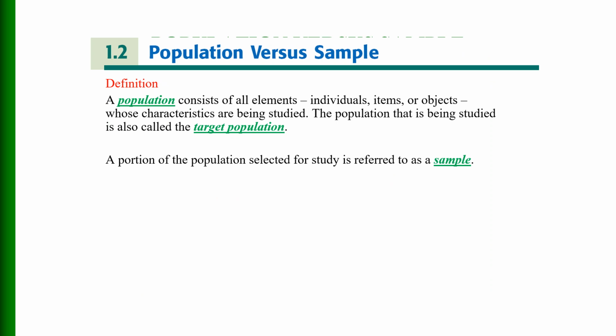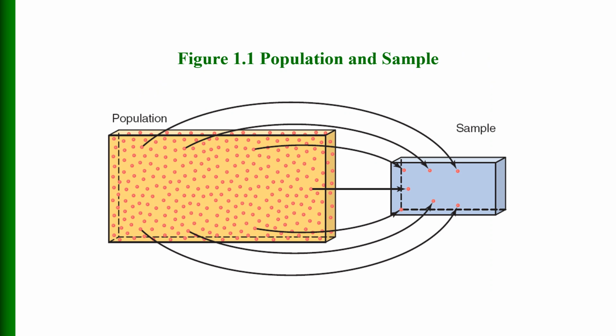The population that is being studied is also called target population. On the other hand, a portion of the population which is selected for study is referred to as a sample. So a sample is a subset of a population. It's from population, and it is a portion of the population which is selected for study.